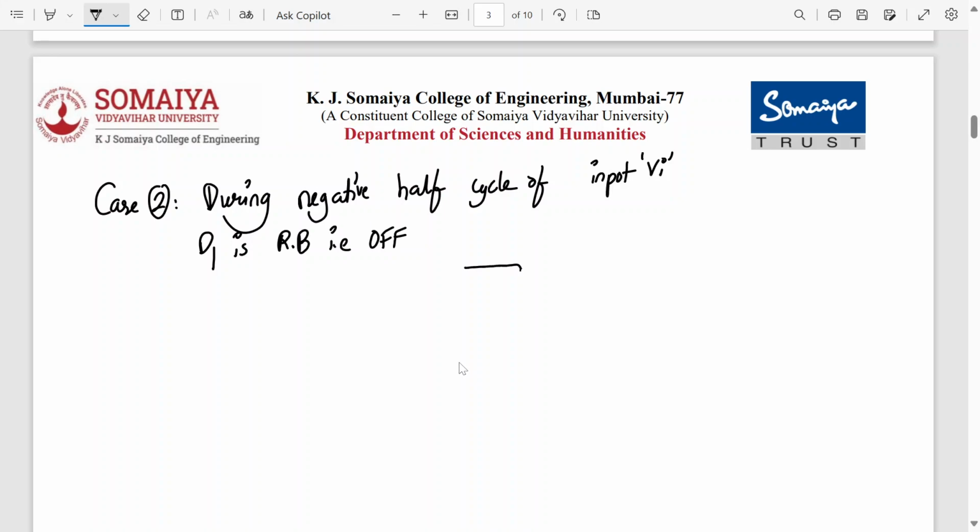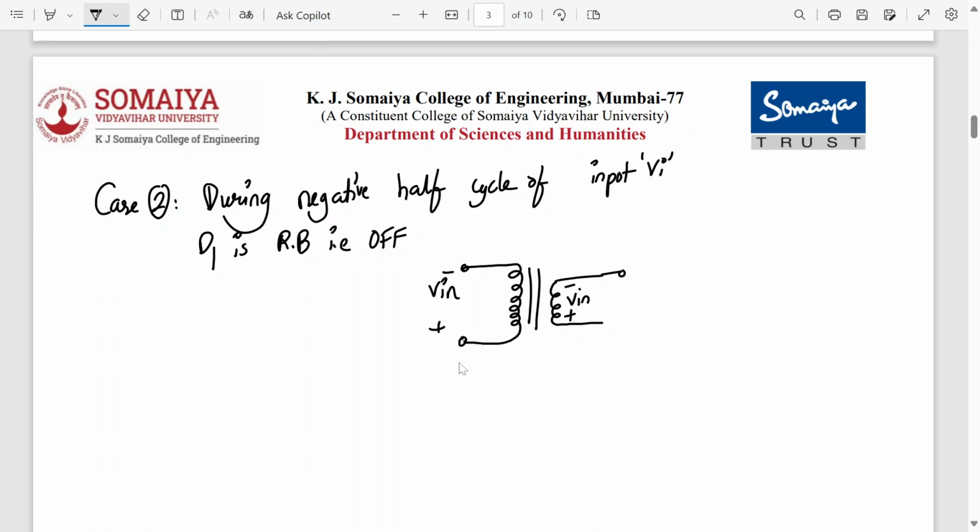Okay, off means here we are applying minus voltage here like this. This is Vi. The polarity reverses, right? Here also it becomes minus, this plus.